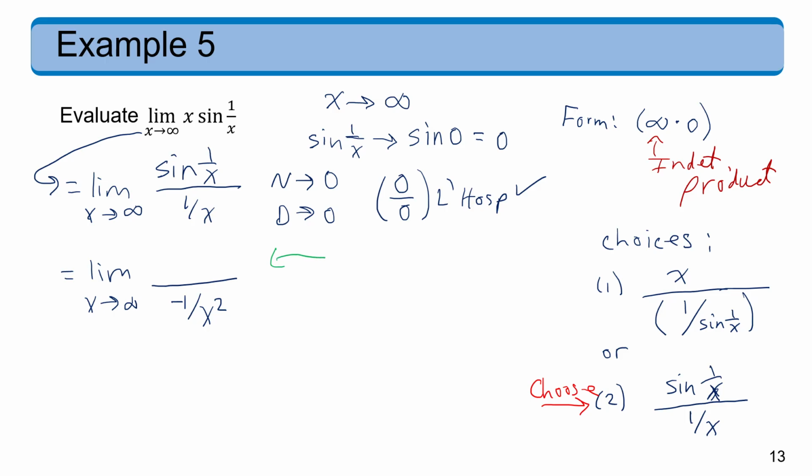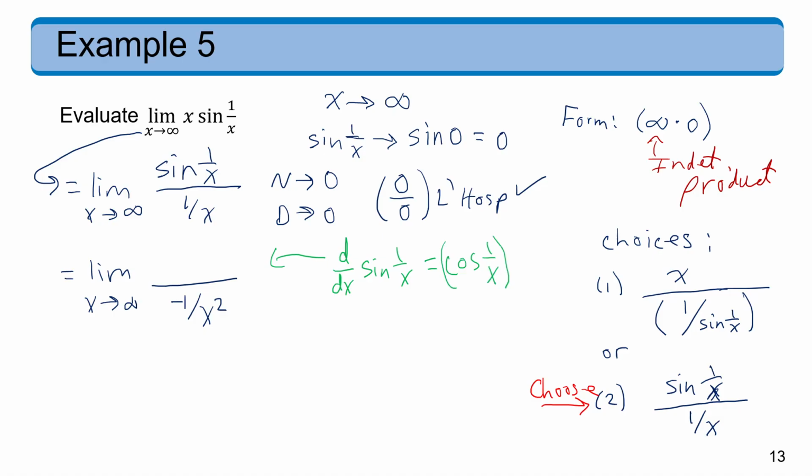So the derivative of sine of 1 over x. That's a chain rule problem because we have an inside function where we normally have x, we have 1 over x. So using the chain rule, we start by taking the derivative of the outer function. So the derivative of sine is cosine. Keep the inside part.